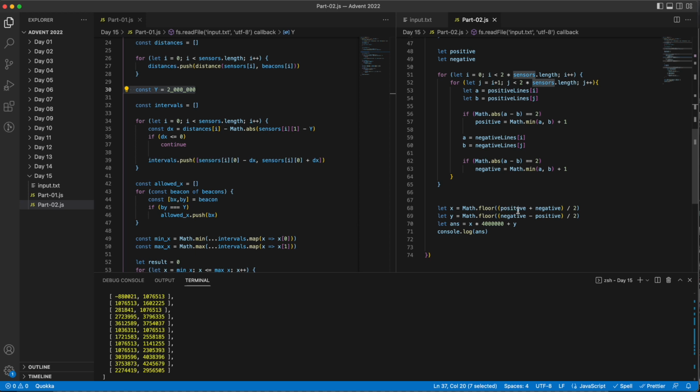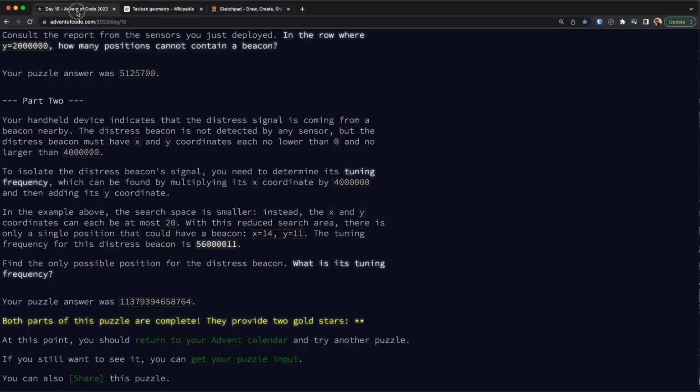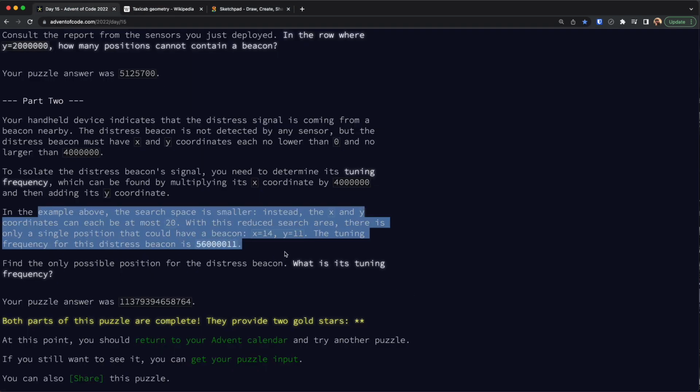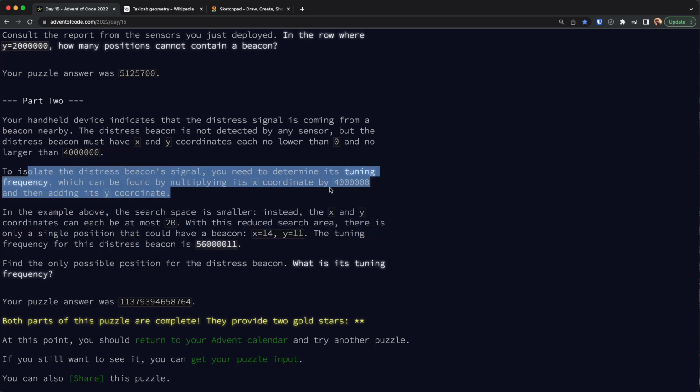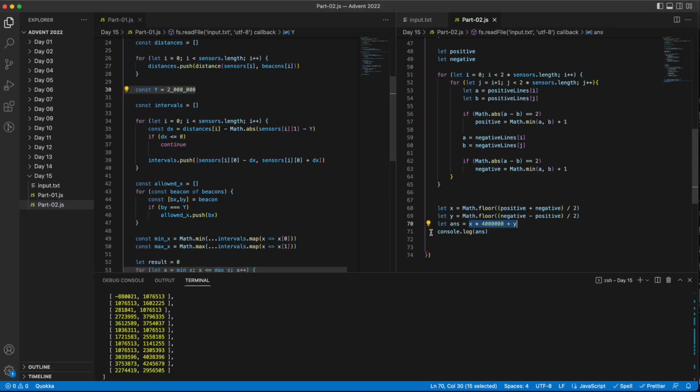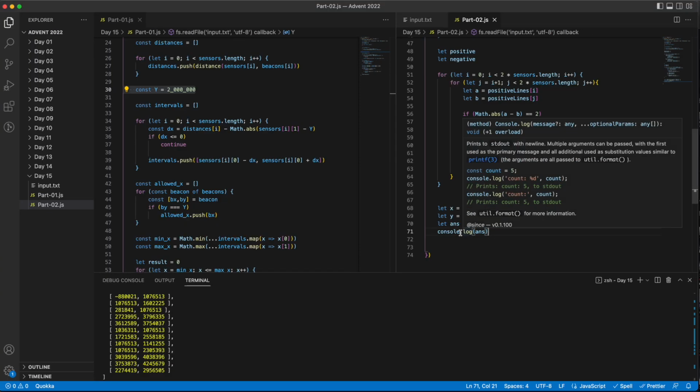Then I will divide x by 2 and y by 2, and then our answer is something like this, which is provided here. We should multiply by 4 million and then add y to it, and then we can get to the result.